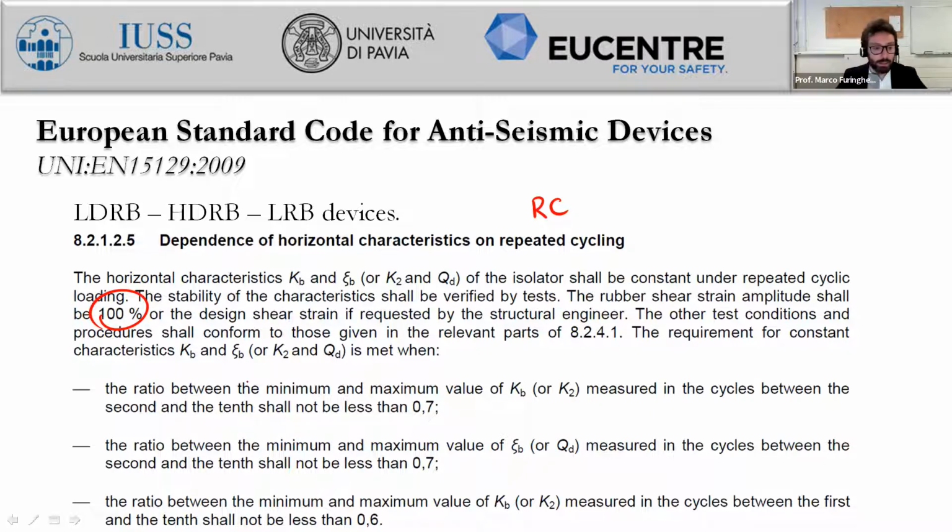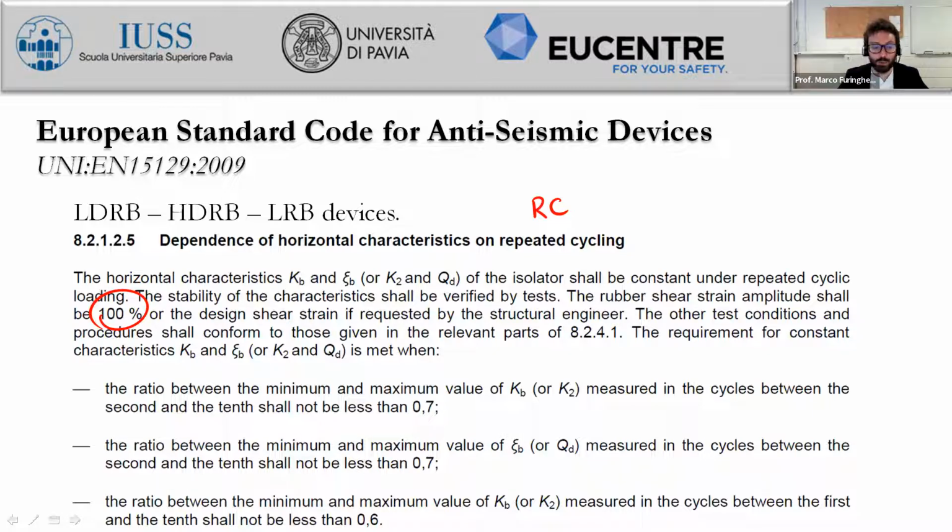And these are the requirements for this particular test, which rules the ratio between the minimum and the maximum value of the mechanical properties measured in the cycles between the second and the 10th. The difference shall not be less than 70% for KB or K2, 70% for the damping rather than the strength, and again for the stiffness values between the first and the 10th should not be less than 60%.